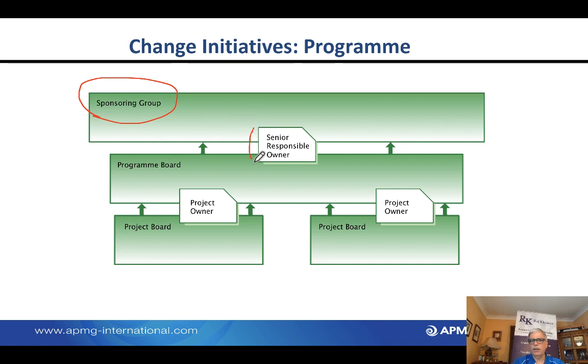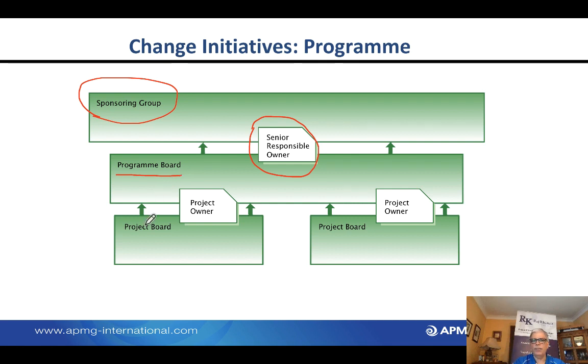And in some methods, as you see, they're referred to as the senior responsible owner, and they chair a body called the program board. Now, this is not a talking shop, it's not a steering group, it's not a steering committee. It is actually a decision-making body.